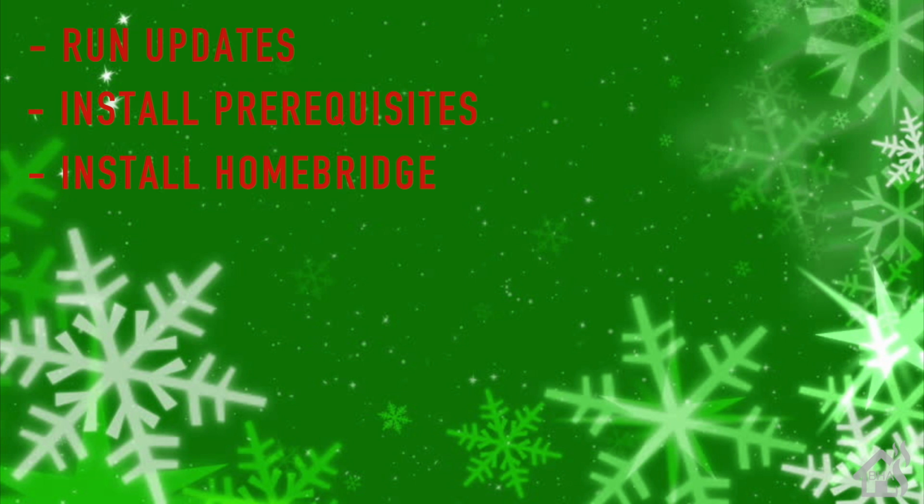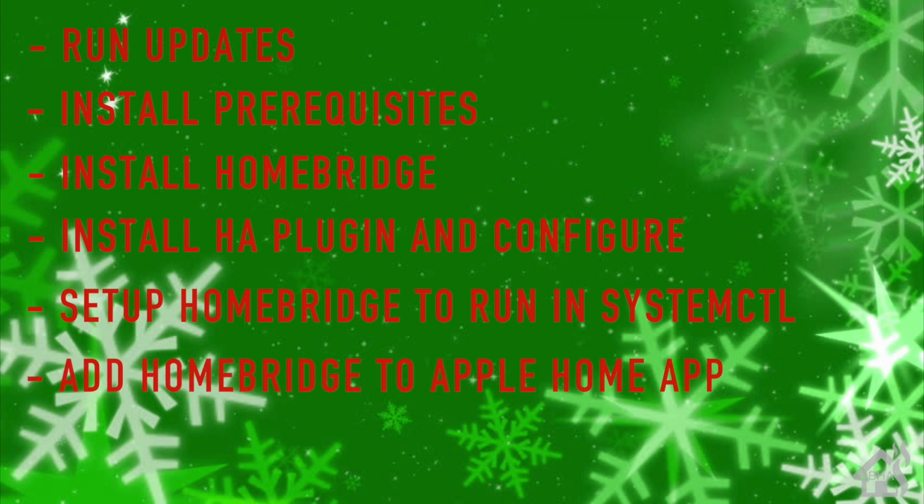Once that was done, we went ahead and installed the Home Assistant plugin for homebridge and configured the config.json file. Then we set up homebridge to run as a service in systemctl. Then we added homebridge to our Apple Home app so that it would start pulling in all the devices from Home Assistant. Lastly, we saw it in action to see what that looked like.